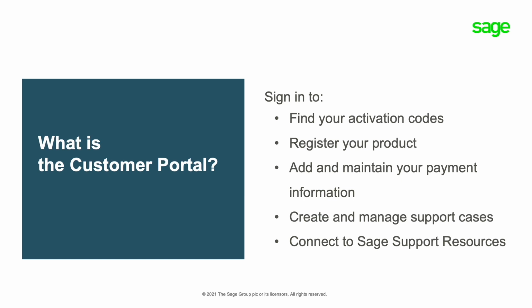Before we get started, let's briefly answer the question of what is the customer portal? The customer portal is a place where you can go to find your activation codes, register your retail product, add and maintain your payment information, create and manage support cases, also connect to Sage support resources.